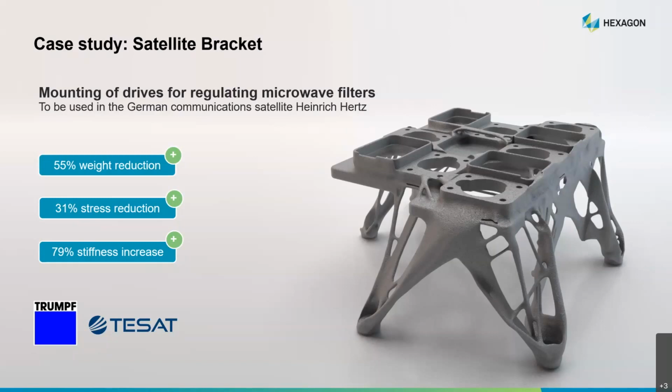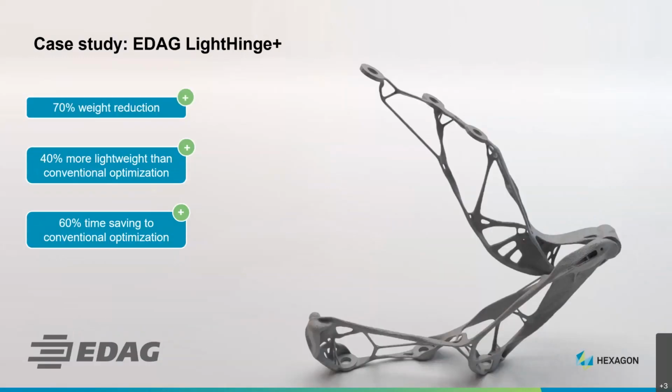So very good part. Another one, you might have seen already the light hinge that was used by SimuFact for marketing purposes and showing what SimuFact additive can do for the simulation process. EDAC, the design bureau, has gone through this optimization again with our software, and they have gained an overall 70% weight reduction towards the conventional part that is now built in the cars.